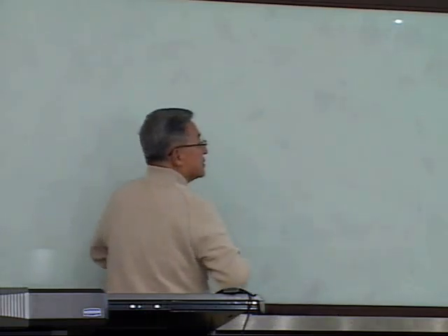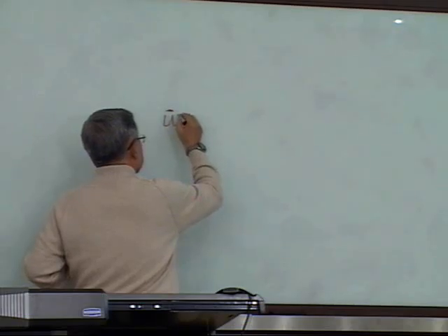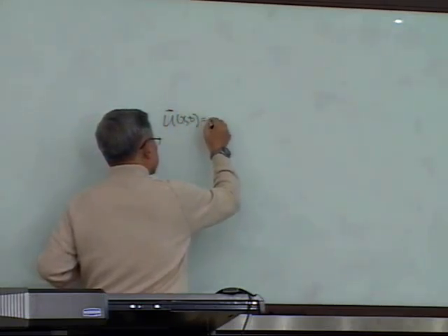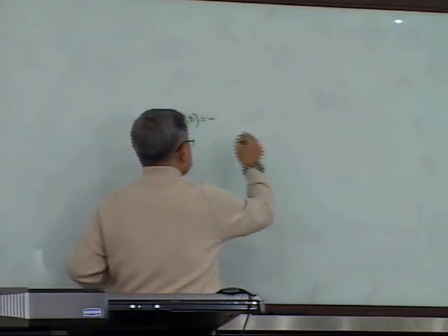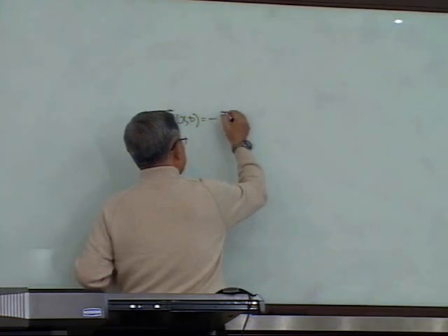So mu u, which is a function of x and t, is equal to minus del p.